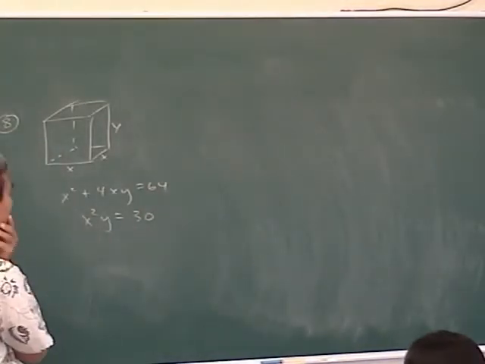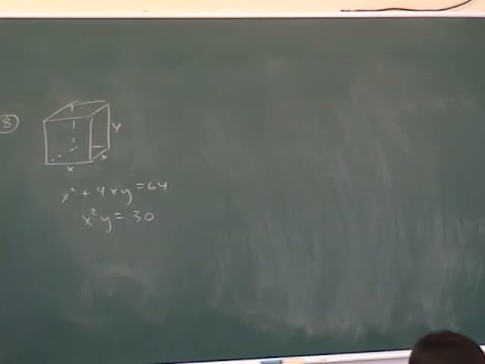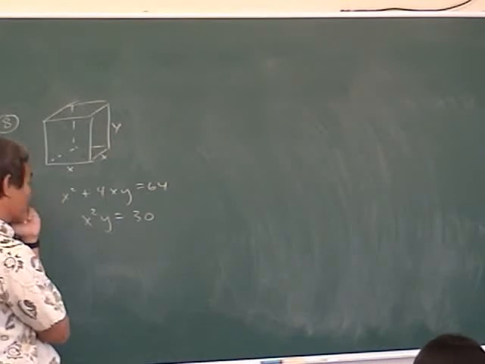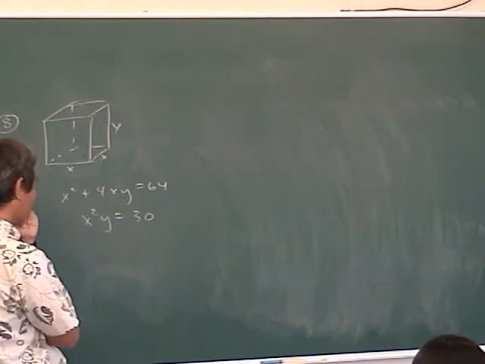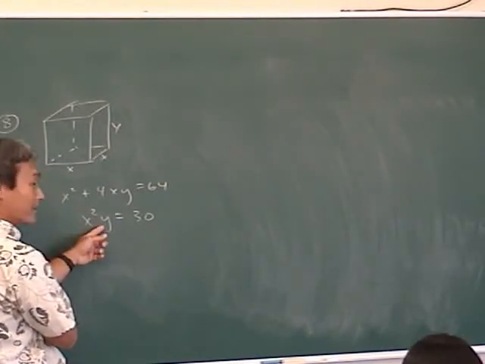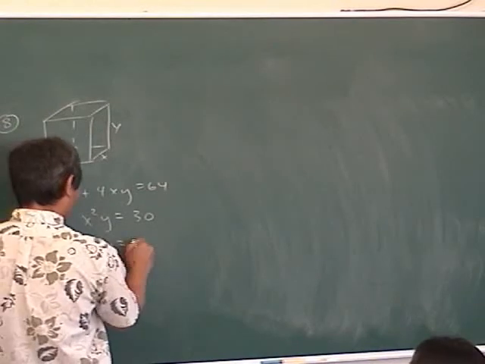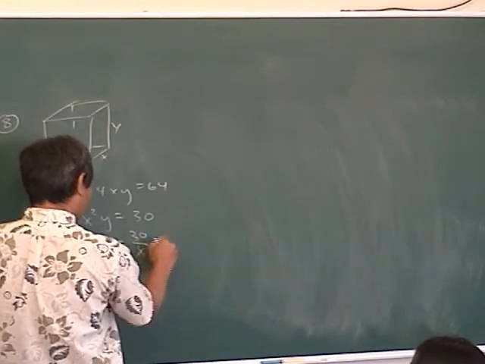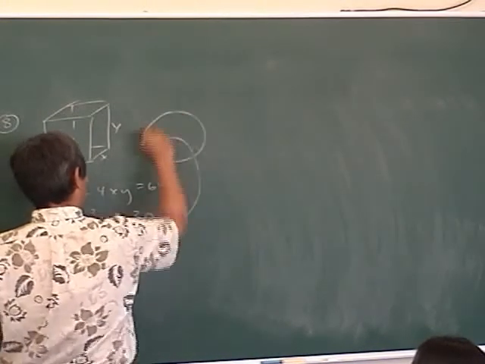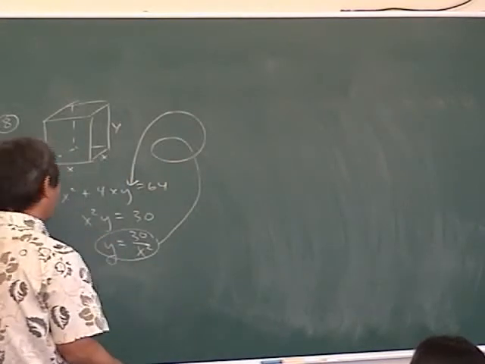Okay, how do you solve 2 equations, 2 variables? What do you do? Solve for 1 variable in 1 equation and plug it into the other. Which one do you want to solve for? Solve for y in this equation. Okay. y equals 30 over x squared. Take this and plug it in. Whoosh. Right there.